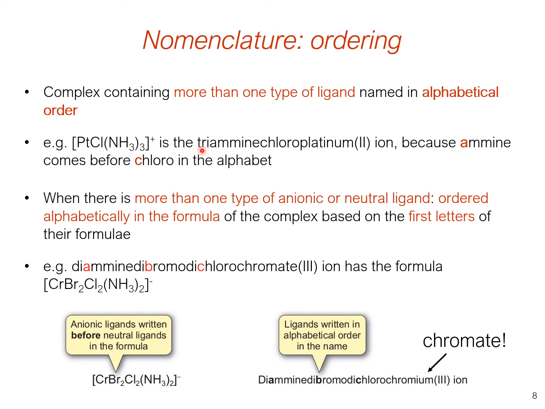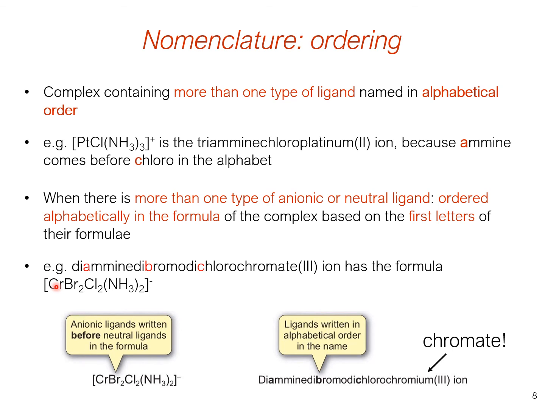When we write it in the word form, we see the ammonia ligand first before the chlorine ligand, because A comes before C. But when we're writing a formula, things that are negatively charged will come before neutral ligands. So in this case, the chlorine is a chloride, so Cl-, so that comes first, and the ammonia is neutral, so it comes second.